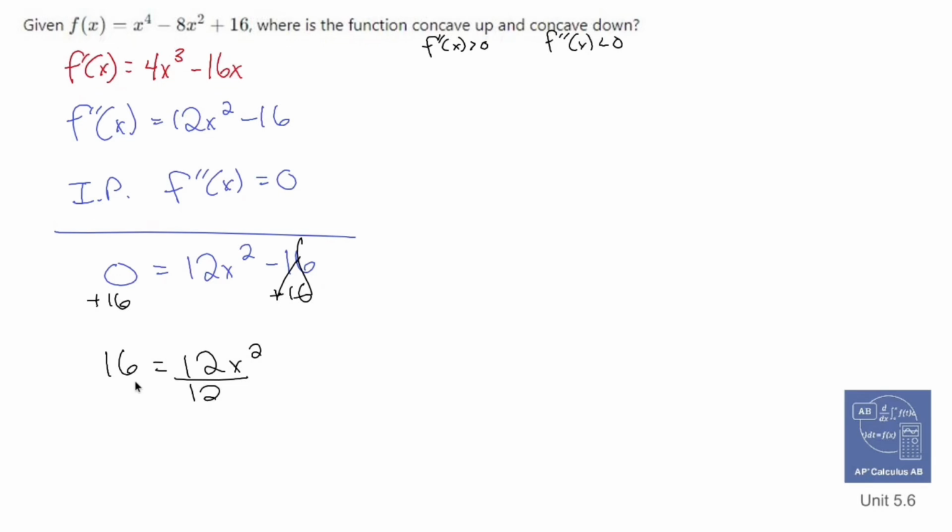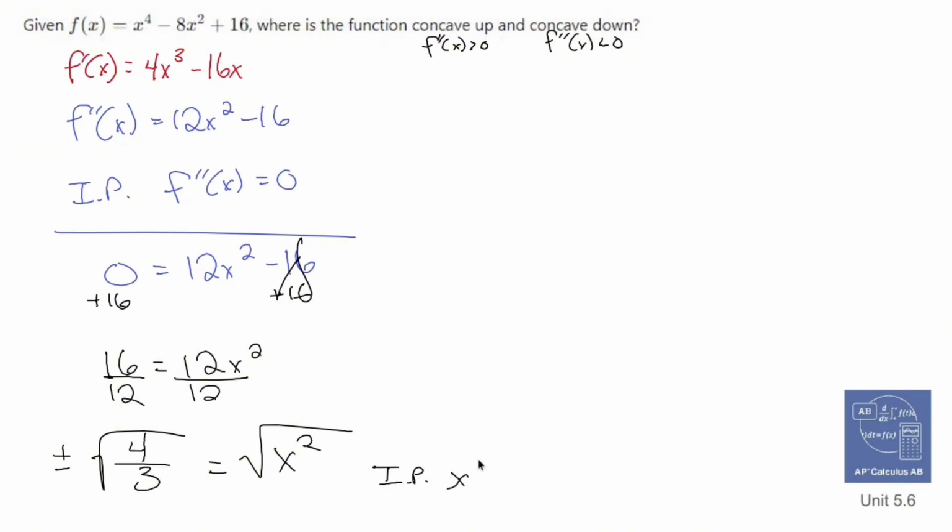Divide everything by 12, you get 4/3 equals x squared. Square root, don't forget your positive or negative, and you have two inflection points. My inflection points exist at negative 2 over root 3 and positive 2 over root 3.